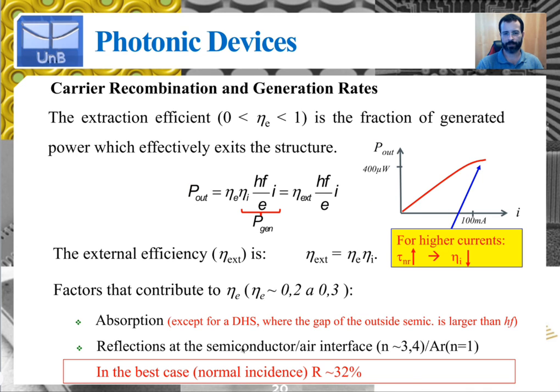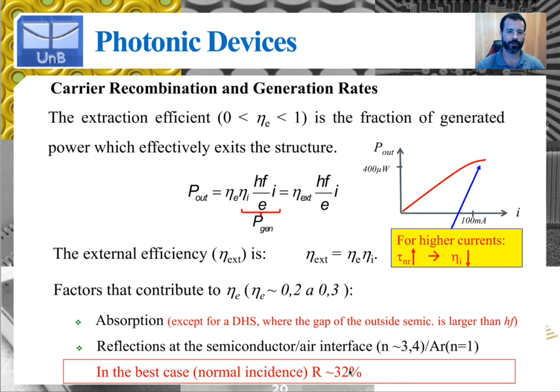Typically the refractive index of these semiconductors is around 3.4, and for air it's around 1. So in the best case scenario with normal incidence, you have 32% reflection. So around 70% of the electric field actually comes out of the device.